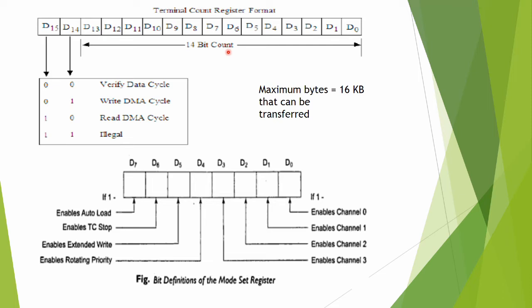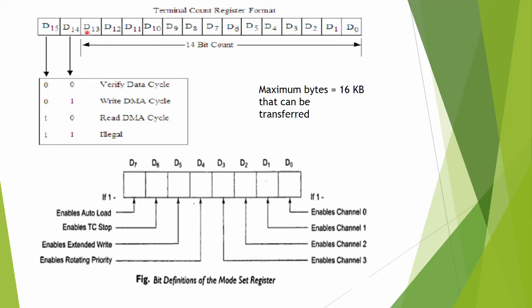The maximum bytes that can be transferred through one channel of the DMA is 16 KB, because 2 to the power 14 is 2 to the power 4 into 2 to the power 10, that is 16 KB. So 16 KB of maximum bytes can be transferred because of this terminal count register.